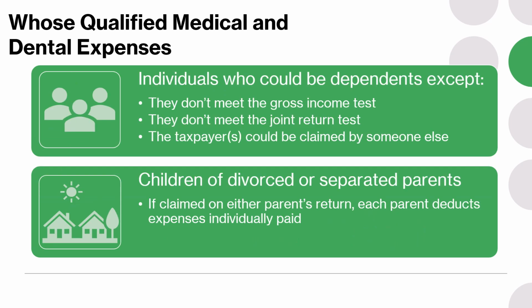They could also be paid for individuals who could be dependents except they don't meet the gross income test, they don't meet the joint return test, or the taxpayer or taxpayers in the case of married filing joint could be claimed by someone else. So there are still those support and age requirements and relationship requirements.